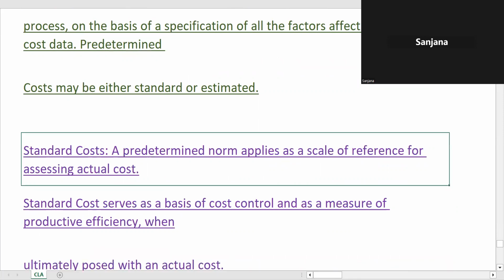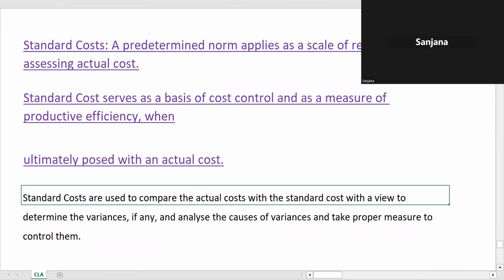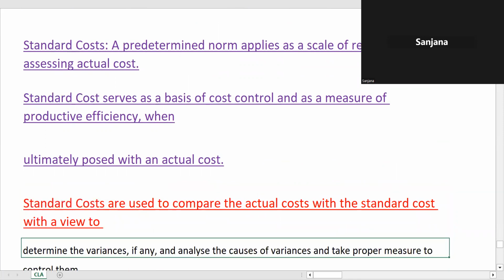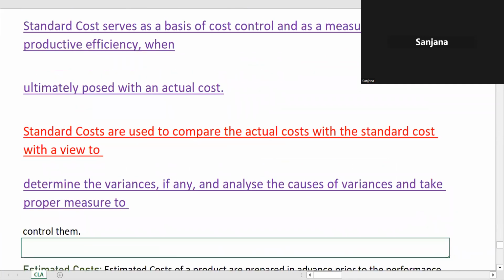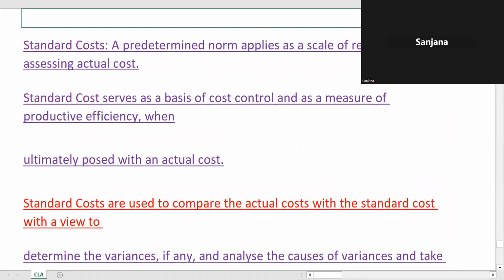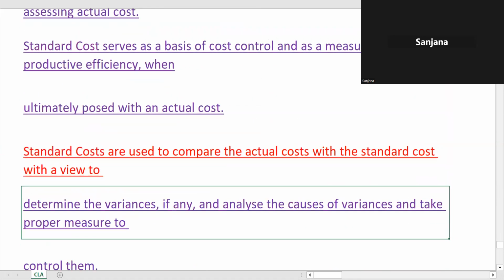It helps you control costs. It serves as a yardstick, but you prepare it for the future. You prepare a standard for the future, so it's a future cost. It is used to compare actual cost with the standard cost to determine variances and to control them. So this is one part of predetermined cost, which is standard cost.